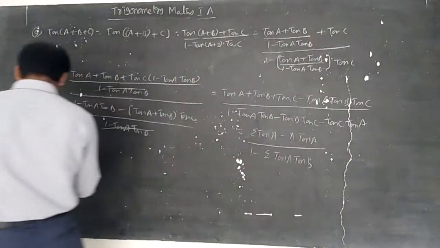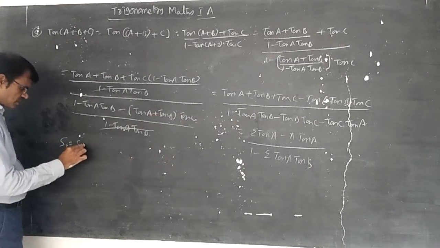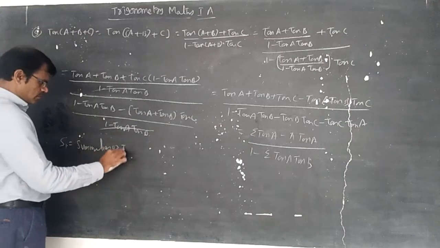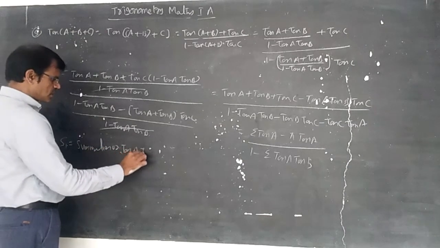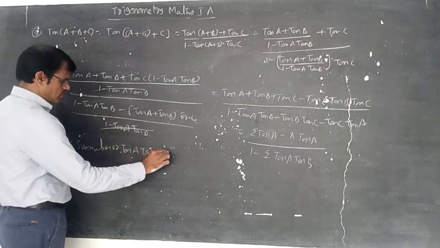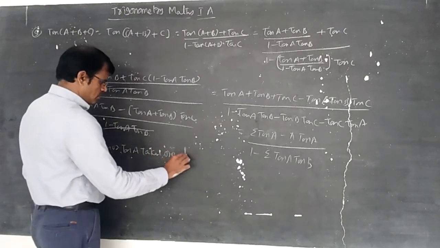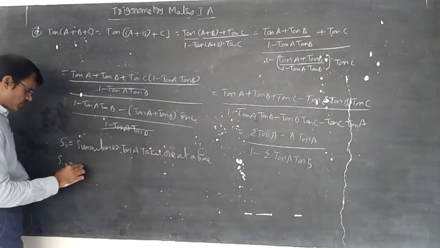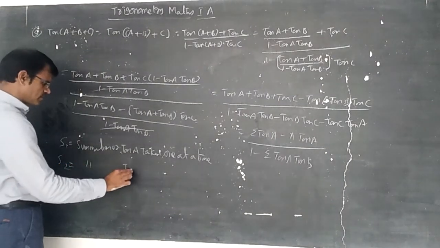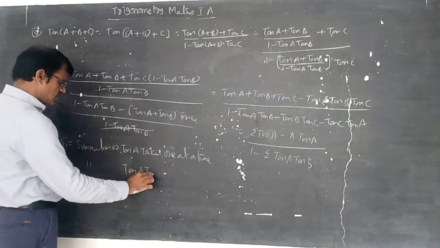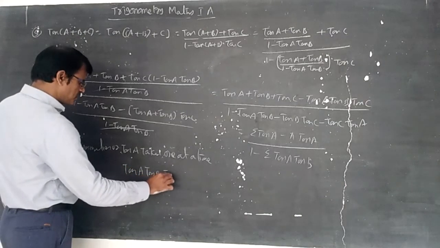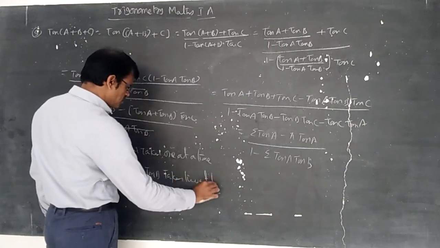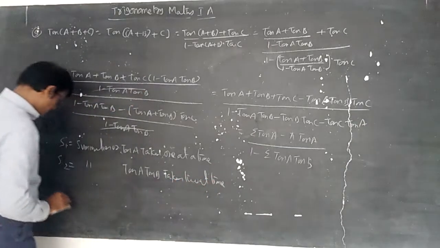Here S1 means summation of tan taken one at a time. S2 means summation of tan A tan B taken 2 at a time, that means taken 2 tan terms.